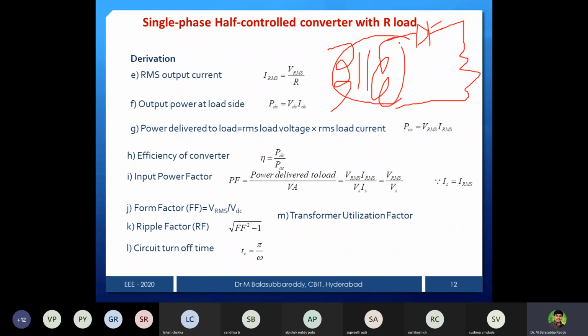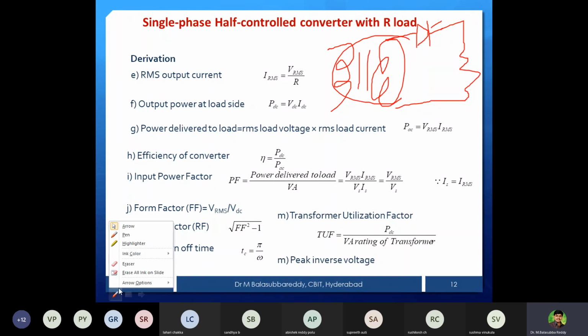You have to find what the transformer utilization factor is. The formula is PDC by the volt ampere rating, or kVA rating, or you can say the transformer rating. So PDC is already known, PDC into IDC divided by volt ampere. That will give us the transformer utilization factor.